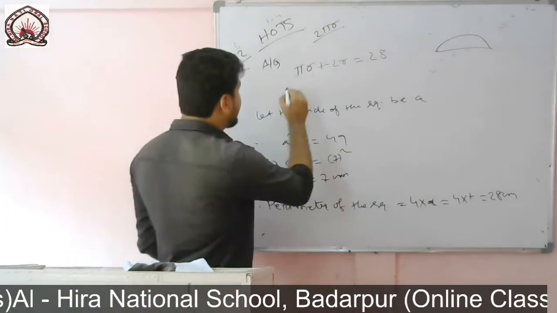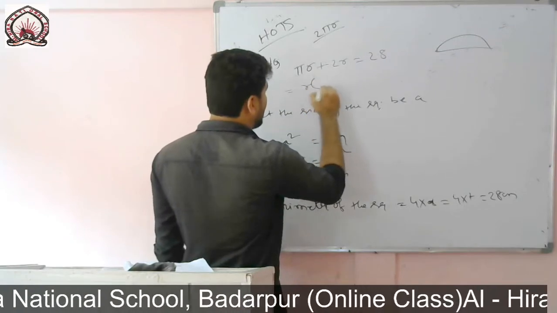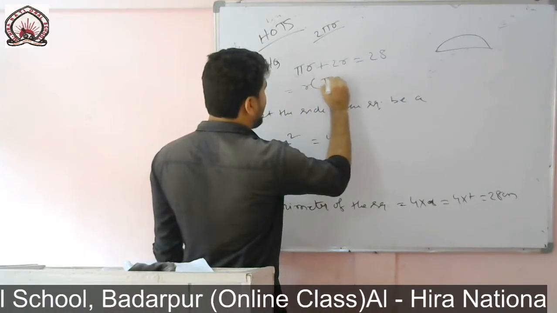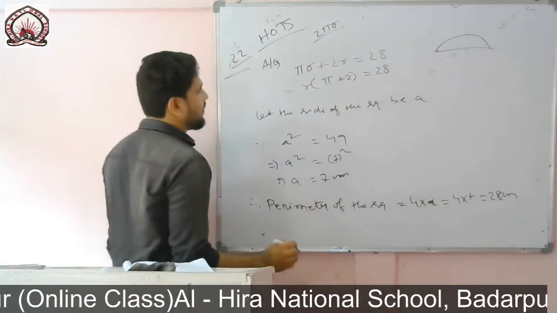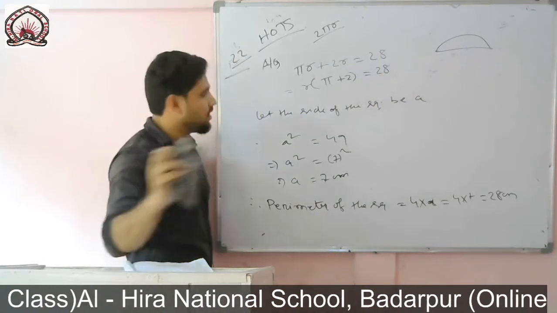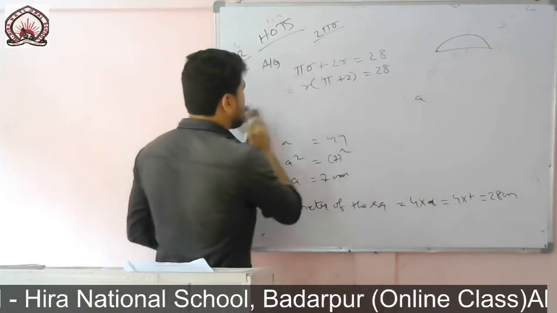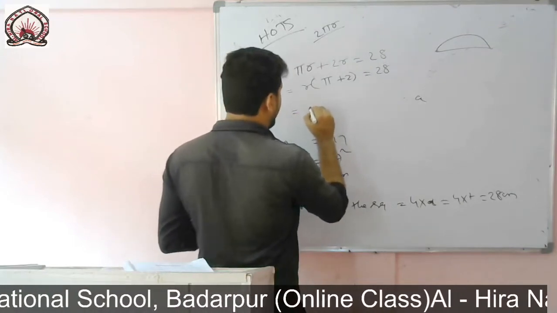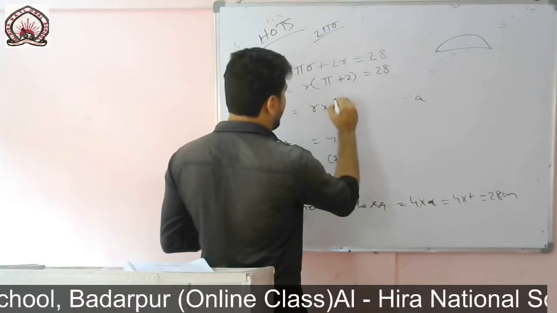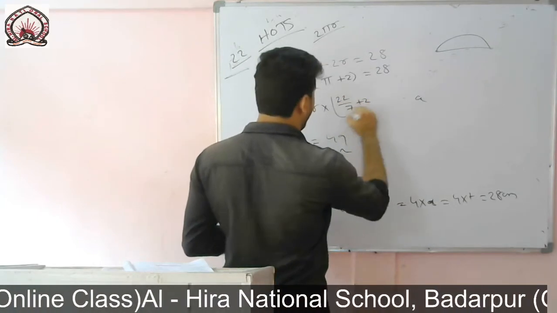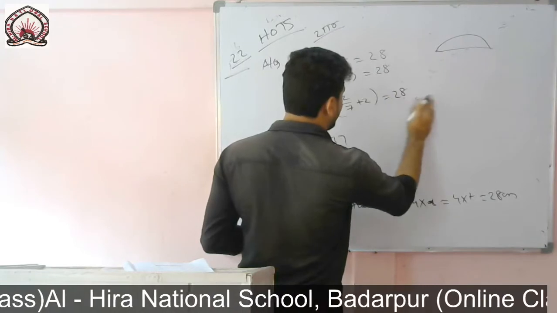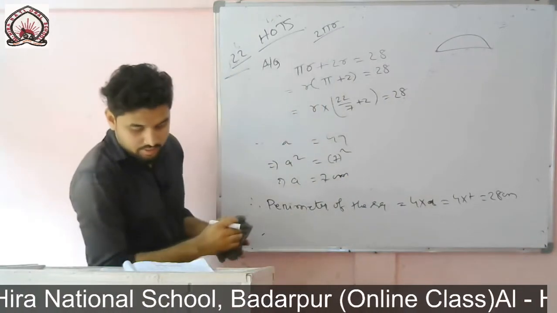From here you can take r common, then it will be r times (pi plus 2) equals 28. Now here you can write pi as 22 by 7 plus 2, equals 28.